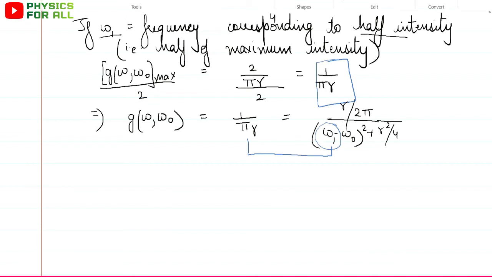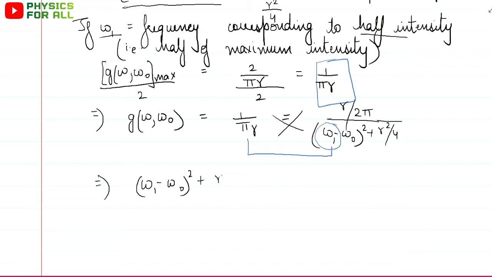So on equating them, what do we get? We are going to cross multiply. On cross multiplying, we get omega 1 minus omega naught whole square plus gamma square by 4 is equal to this thing. This is gamma upon 2 pi into pi gamma.